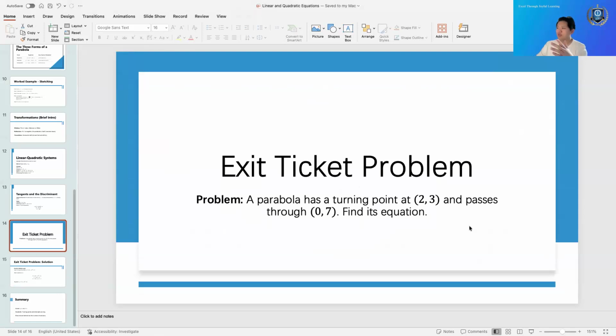I have an exit ticket problem. You could try to do it. You could give this a try. Exit ticket problem. It's just a parabola. And after that, once you get the equation, give it a try. And after that, it's just Q&A. So if you have any questions, feel free to ask.